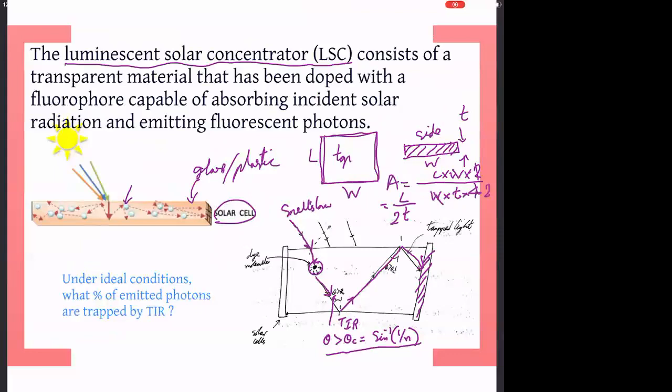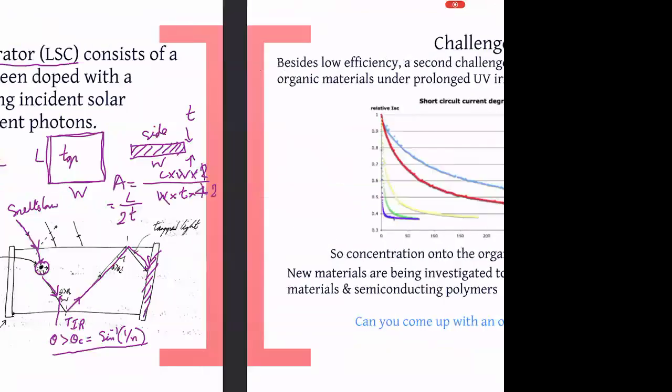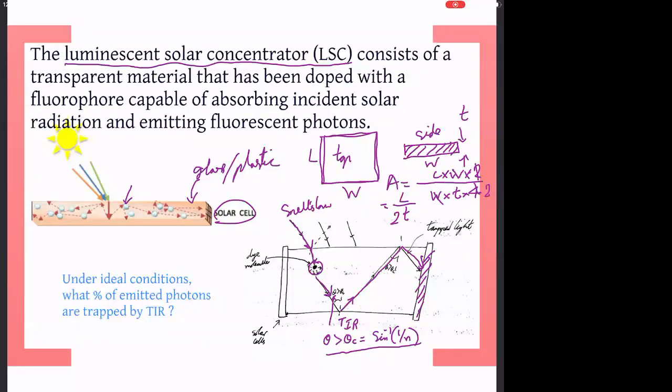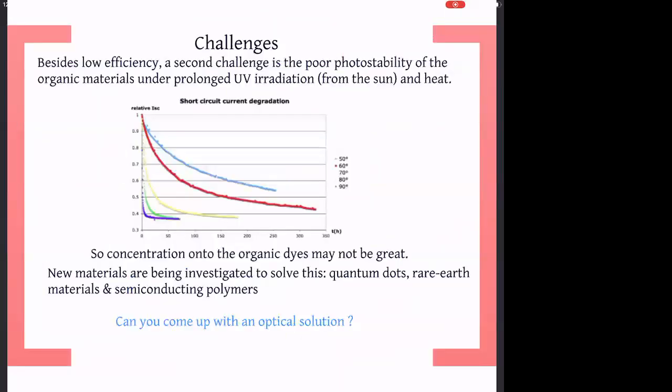Now, the question is, if this works so good, why don't we see this? I mean, I told you that the concentration can be very high, it doesn't need to track. So why is this not more successful? There are 2 main reasons, I would say. The first one is described in this slide. So the first challenge is the low efficiencies.